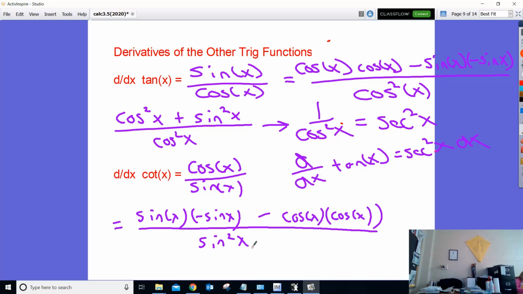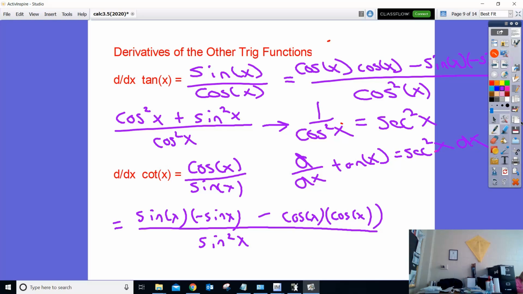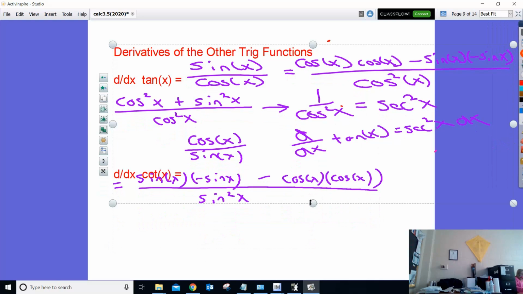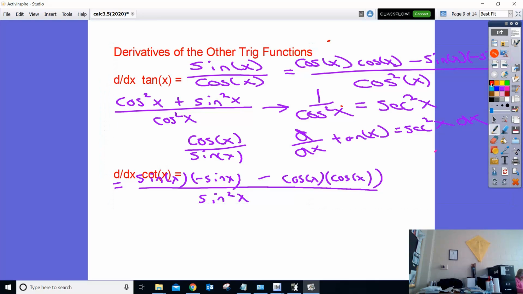You guys understand that? By the substitution of the quotient rule, put the derivatives of the respective pieces, and then we'll simplify. So we have a negative sine squared minus a cosine squared, sitting over sine squared. Anybody got any issues with that?